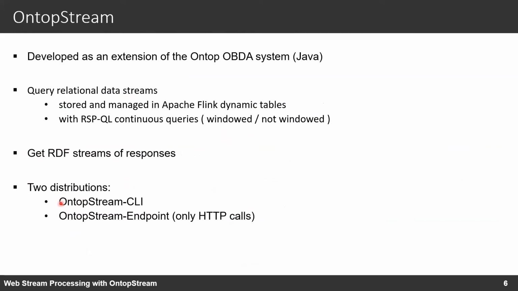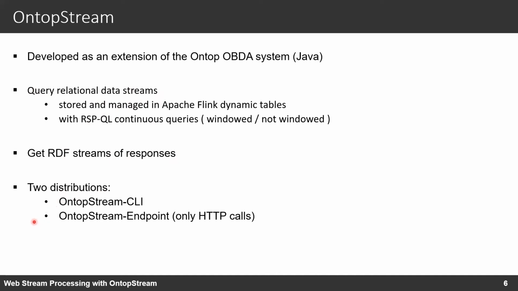So OntopStream was developed, as I said, as an extension of the Ontop OBDA system, which is developed in Java. And as I said, it allows to query relational data streams. And the result is a set of RDF stream responses.